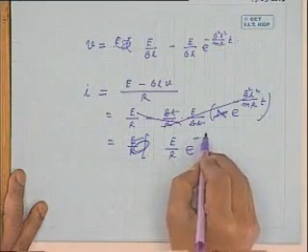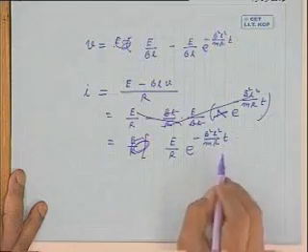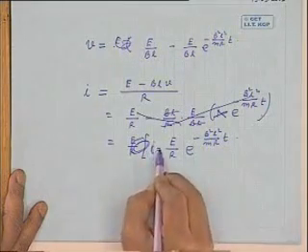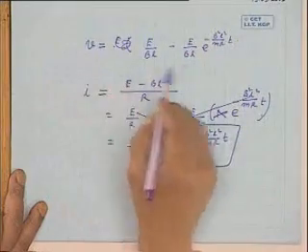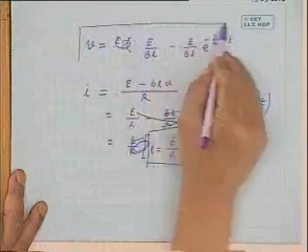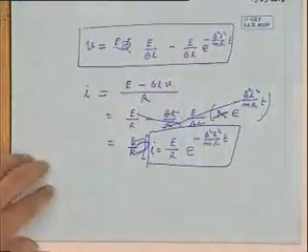One of you tell me. E by R, e to the power of minus B square L square by mR into t. So this is the expression for the current, and this is the expression for the velocity.